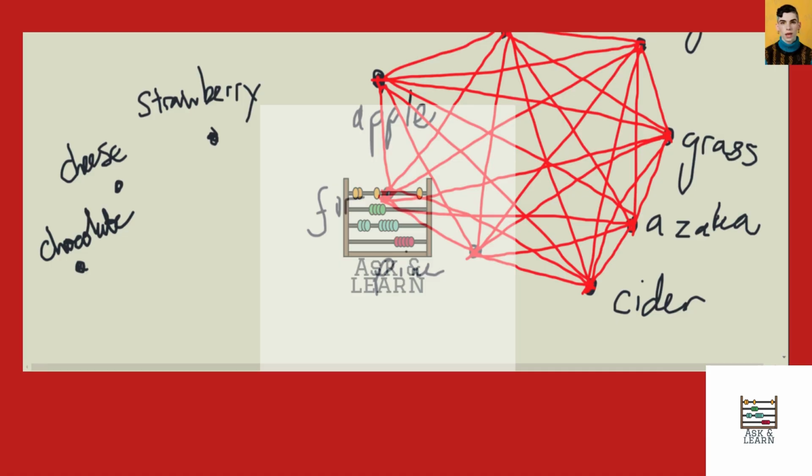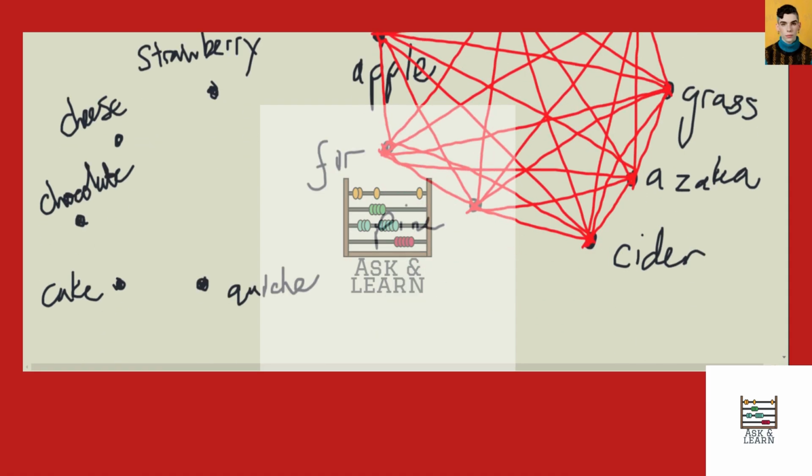Cake is a food. Quiche is a food. Donut is a food. And a raspberry is also a food.